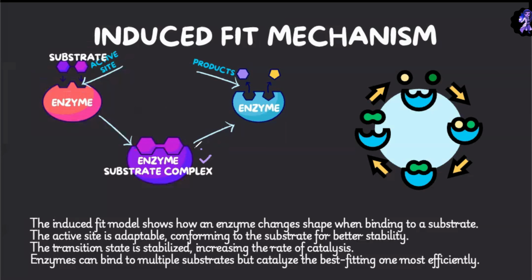But now we don't think it's just a lock and key where it fits exactly the same way. We've now accepted the new mechanism, called the induced fit model, which basically states that you have a substrate, and the substrate goes and looks for an enzyme that it needs to attach to, making sure it can attach to what's called the active site.